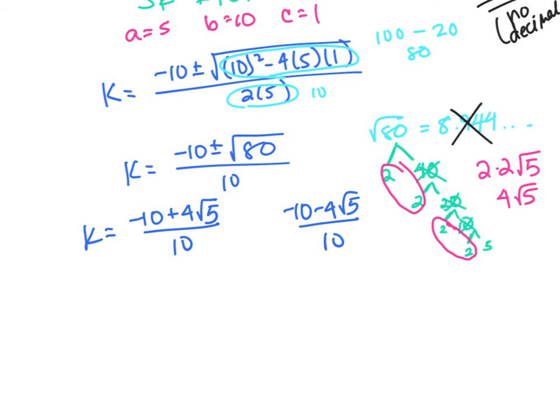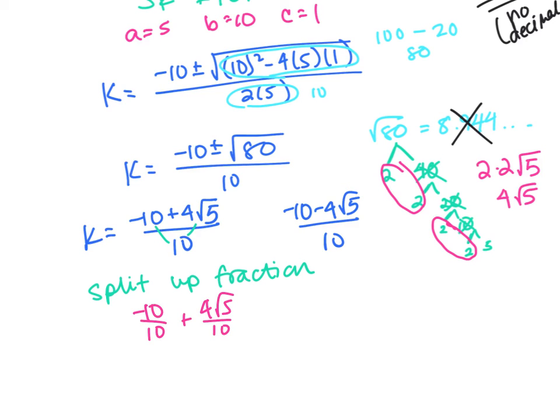What we can do is split up this fraction. So when you get to this point and you've simplified the radical and you notice there might be some reducing, you want to split the fraction. So I can write this as negative 10 over 10 plus 4 root 5 over 10.